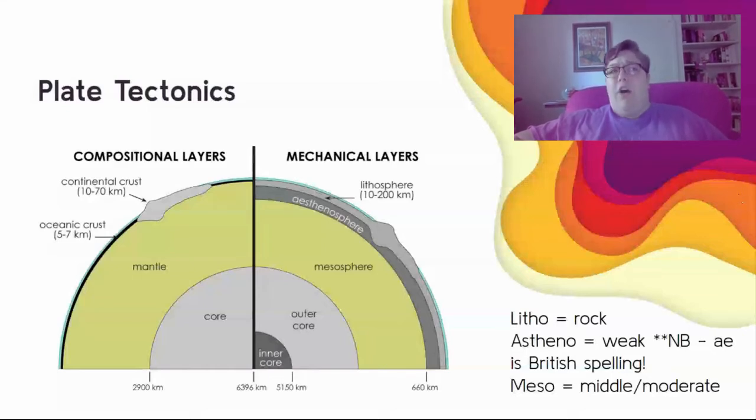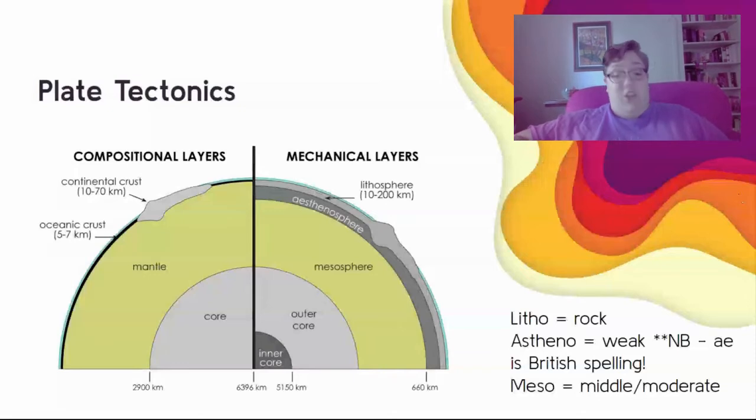The prefix litho means rock. So the lithosphere, that's the rock layer. The asthenosphere, and you'll note in the picture, it has the British spelling of the word with the AE. In American, we spell it without the E. So go wild, pick the spelling you like best, I guess.